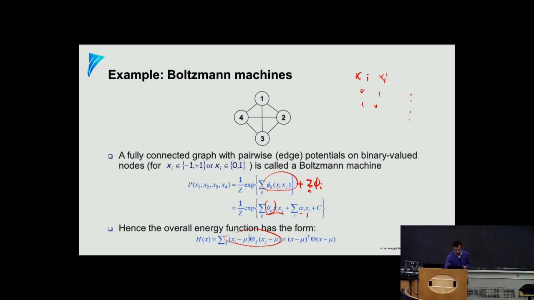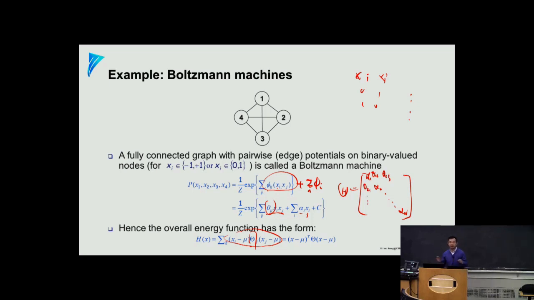Here, this huge matrix theta is actually like this. So how does theta look like? It actually is this. In the middle, you have alpha 1, alpha 2, all the way down to alpha n, assuming n random variables. And here you have theta 1,2, theta 1,3, and theta 2,1, and so forth.